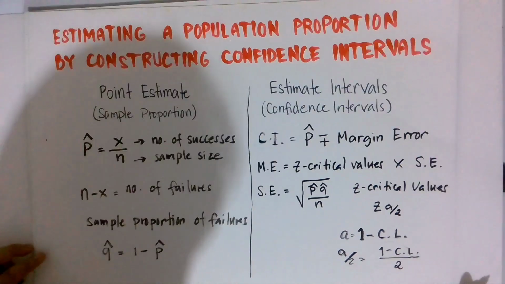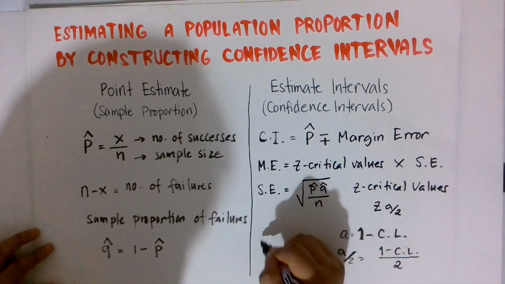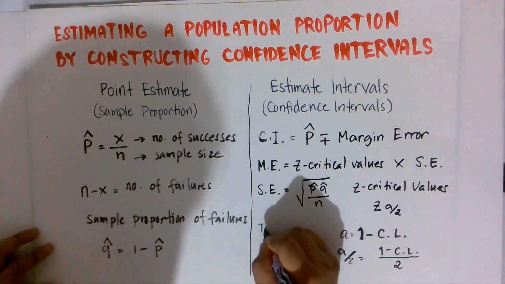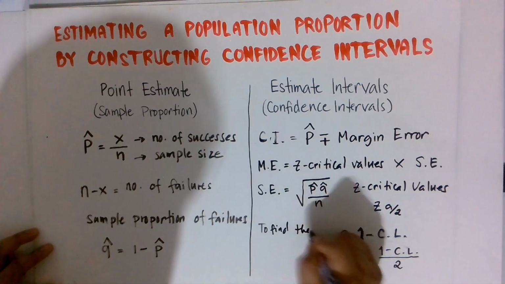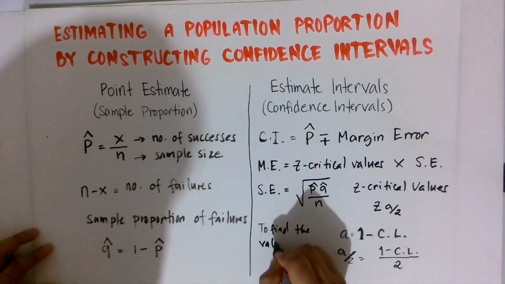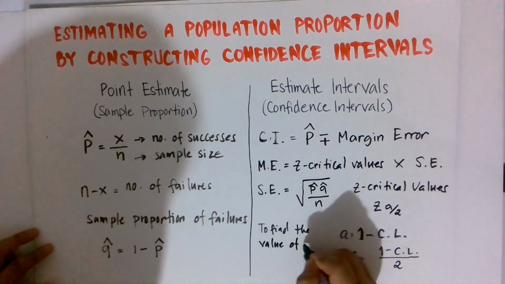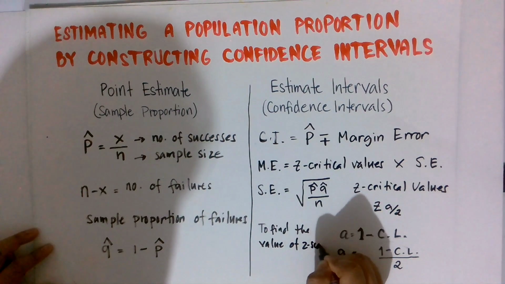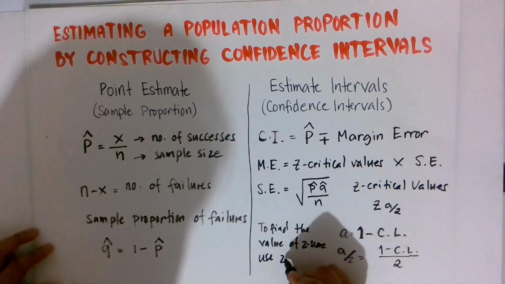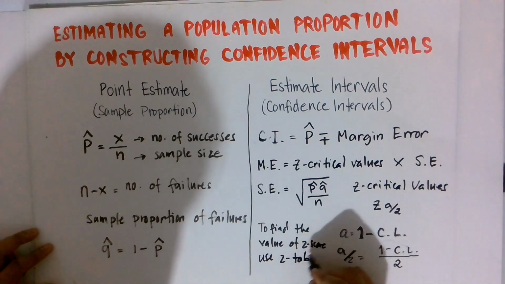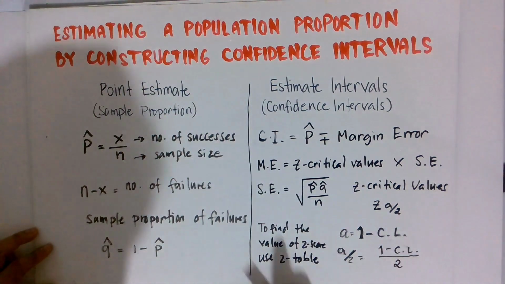After nating makuha yung ating alpha over 2, and to find the value of z-score, we will be using the z-table. Okay? Para makuha natin yung exact value ng z-critical values. Okay?